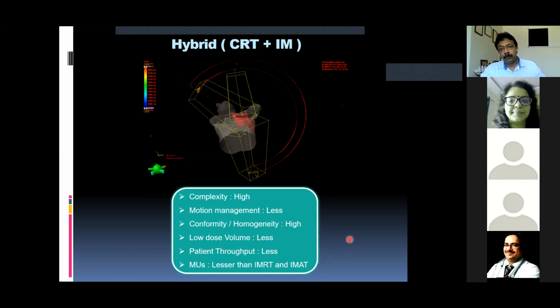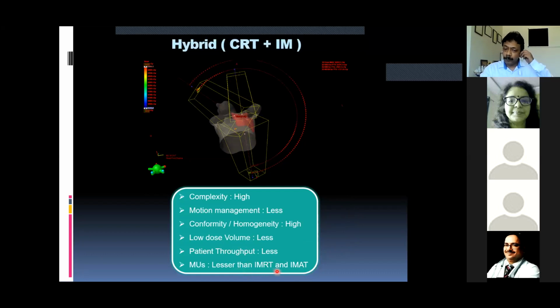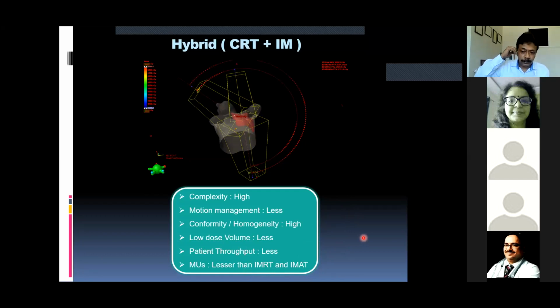We are also able to check the heart dose and lung dose using this hybrid technique, and monitor unit is lesser than IMRT but a little bit higher than three-dimensional conformal radiotherapy. So we can mix and match both the advantages in a single plan.